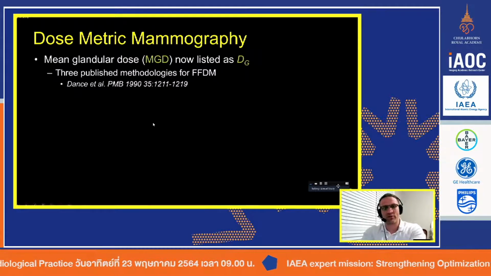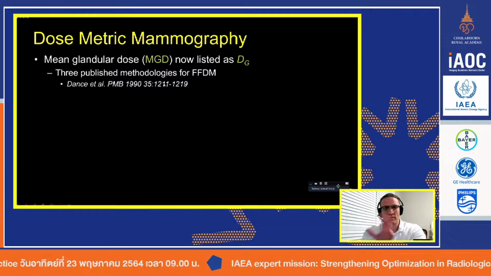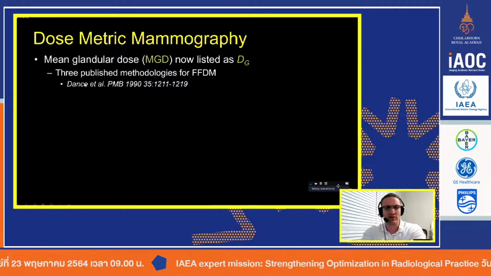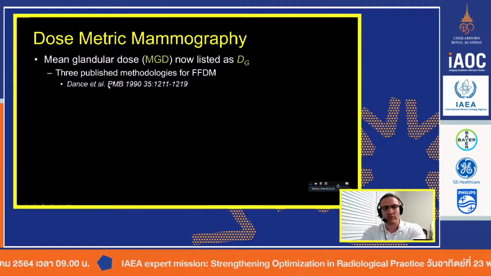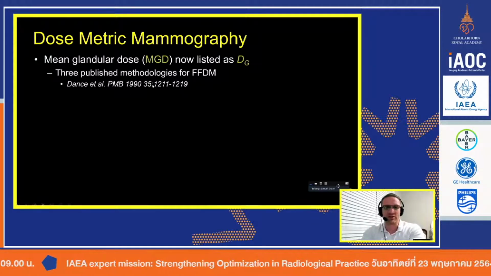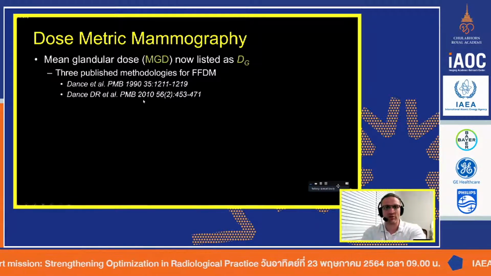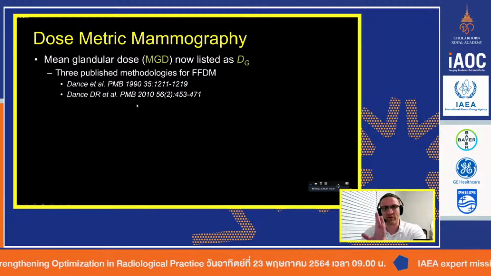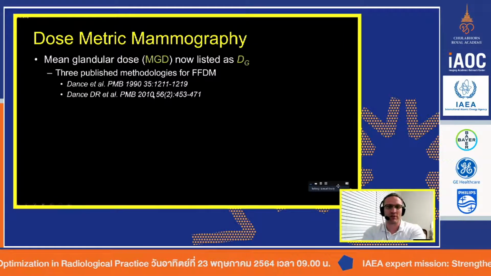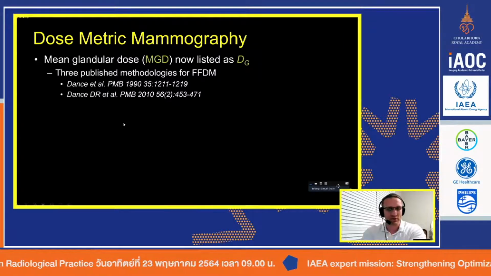So those three major or unique combinations of target and filter were used back in film days. And so when you look at this publication, it only refers to that old way of doing imaging, although there's still one vendor today that uses those same combinations of target and filters.